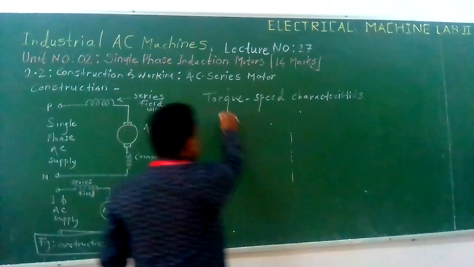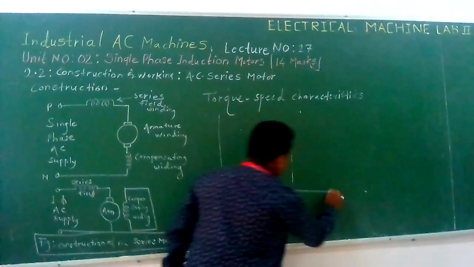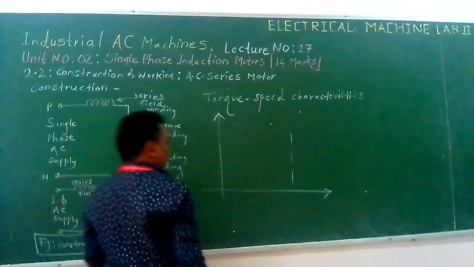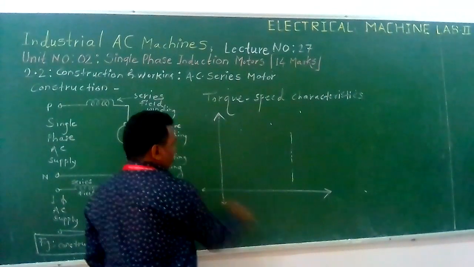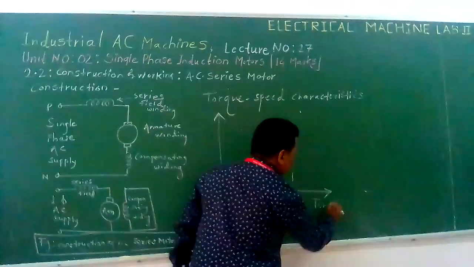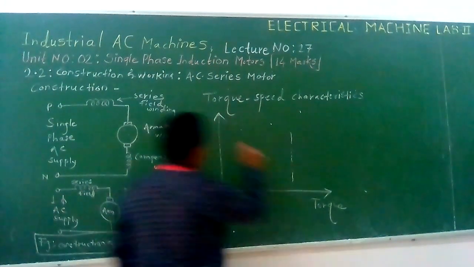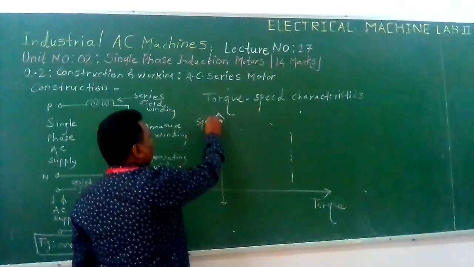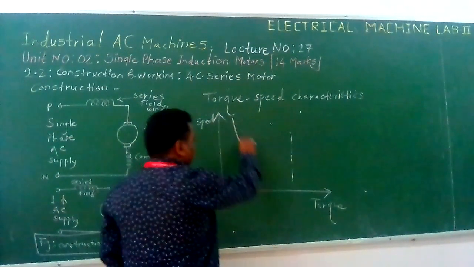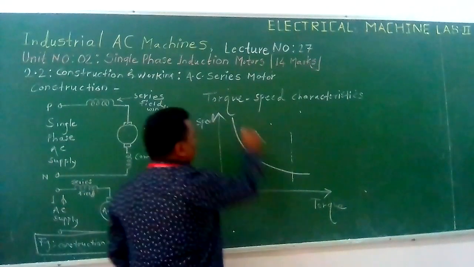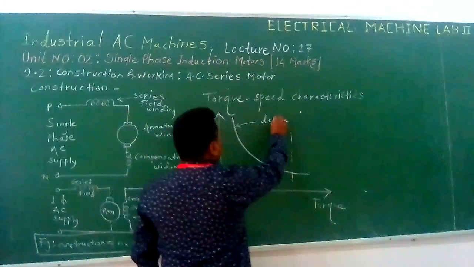We know that for a DC series motor, the x-axis is the torque and the y-axis is the speed, and this is the torque speed characteristics of a DC series motor.